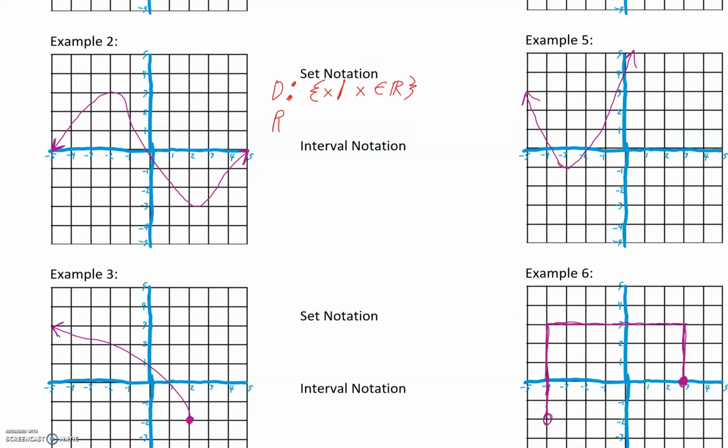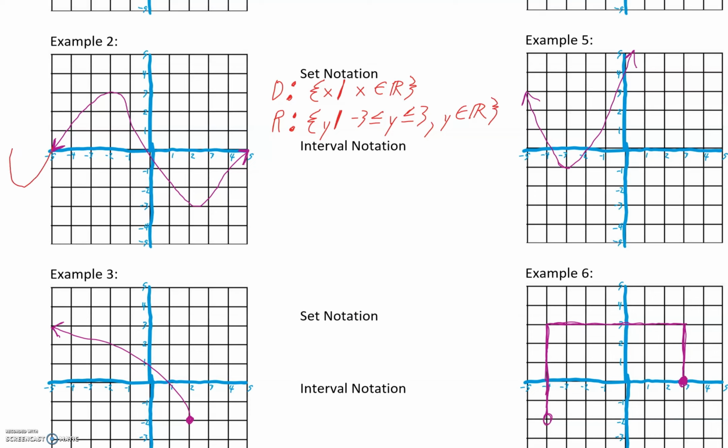However, the range is bounded. Okay, so what we're going to write is y such that -3 is less than or equal to y, which is less than or equal to +3. Okay, this is a sine curve, and it'd be better if I showed more of it, but whatever. Comma, and then y is a set of real numbers.